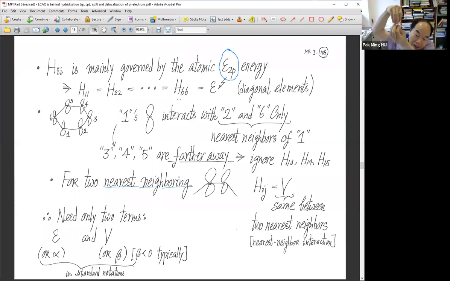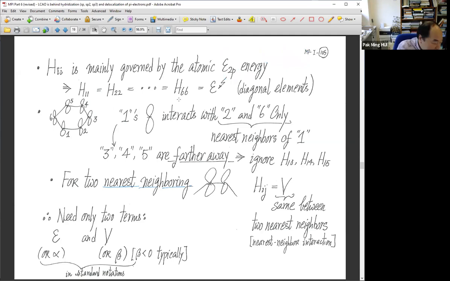The PZ sitting on atom 1 will see that part of the Hamiltonian from atom 1 most, and the other ones are just tiny terms. So the most important thing will be the on-site energy, meaning on the same site, the PZ electron 1 seeing atom 1. Okay, so that will not cause us any problem.